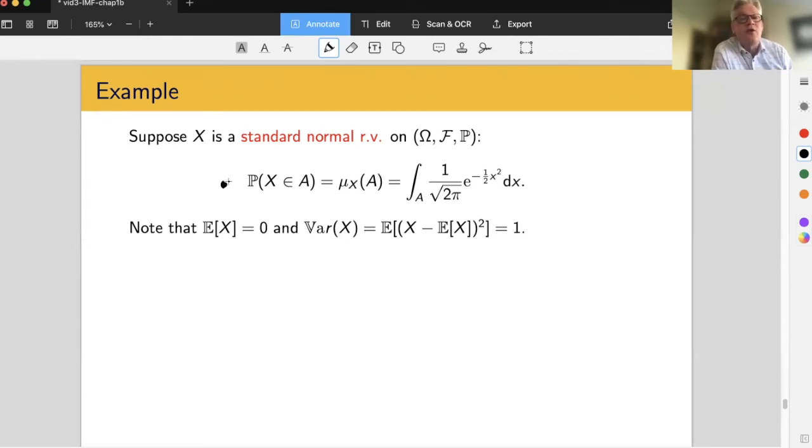This is well known from earlier courses in probability theory. And note, of course, that the expected value of X is equal to 0, and the variance, defined as the expectation of X minus the expected value squared, is equal to 1.